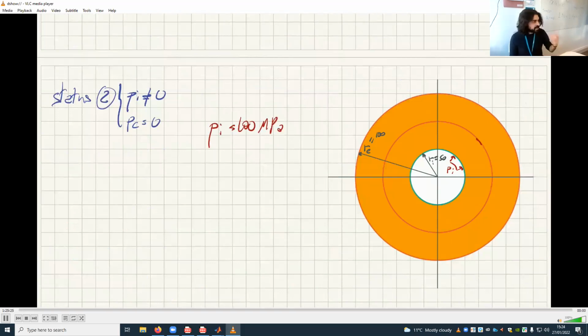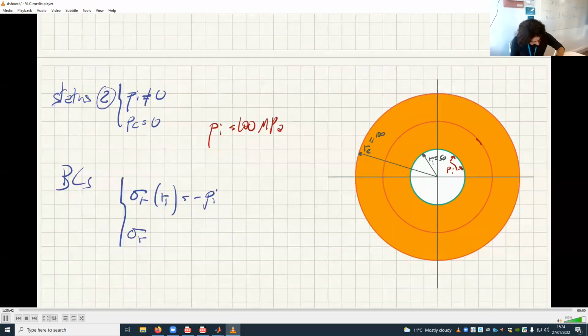And now I have Lamé's equations again, so boundary conditions. These are sigma r at Ri is minus Pi, and sigma r at Re equals 0. So this means that we need another set of A and B. I'll call this A3 and B3.